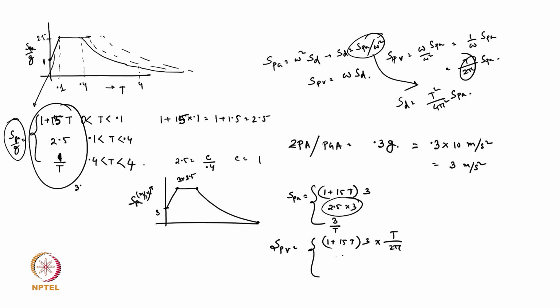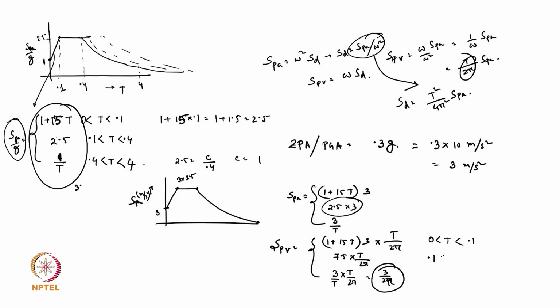How much is the 3 into 2 pi? That is 7.5, no? 7.5 into t, and this is 3 into... A very important point, please try to note. You see, the SPV value becomes constant. So this one is the range 0 less than t less than 0.1.